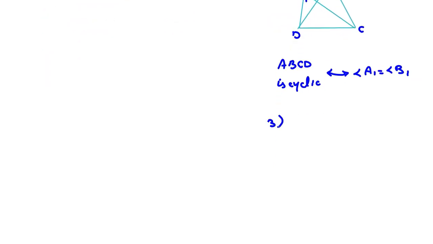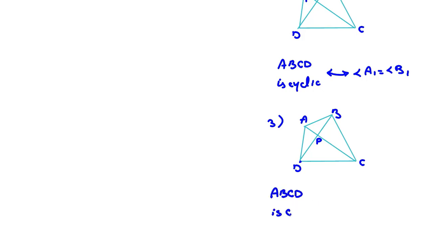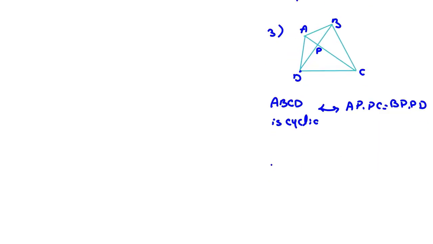Third rule: ABCD is cyclic if we draw the diagonals. It is related to lengths. If we consider the intersection P, then ABCD is cyclic if and only if AP times PC equals BP times PD. And the last one, the fourth rule.